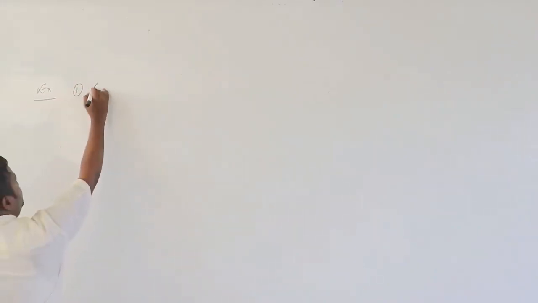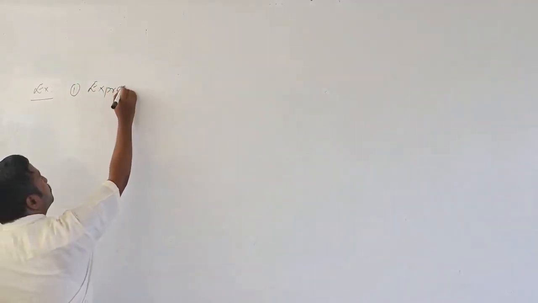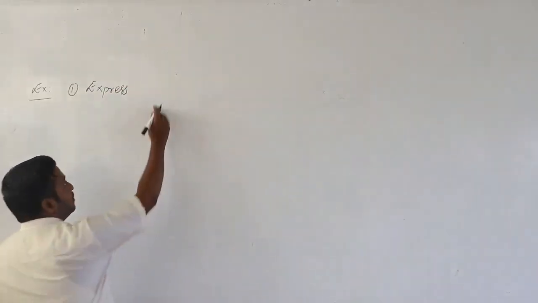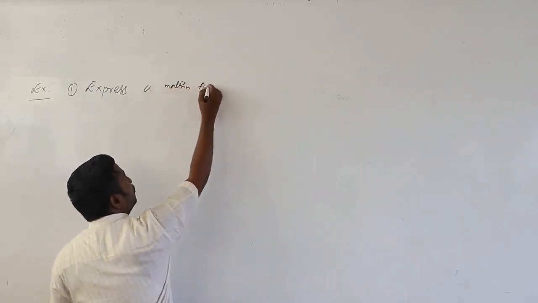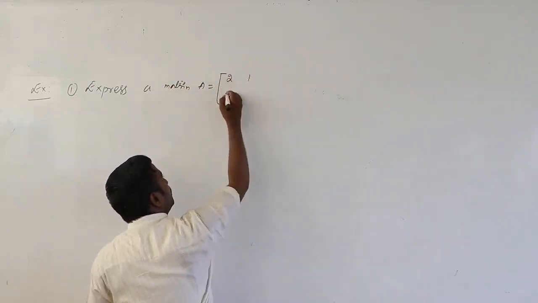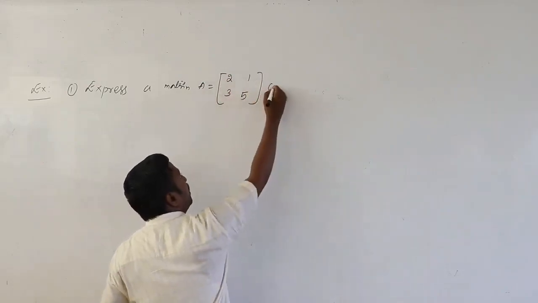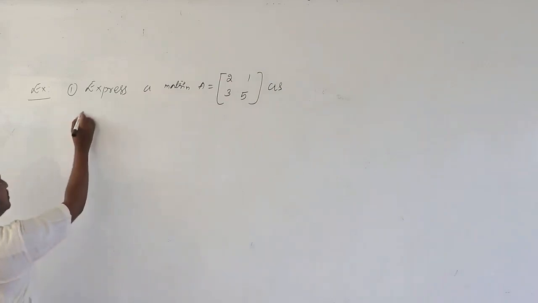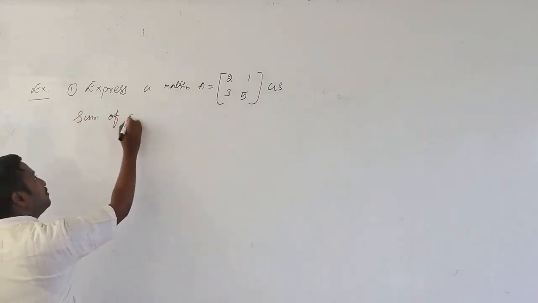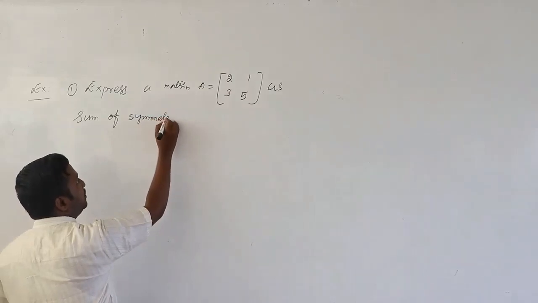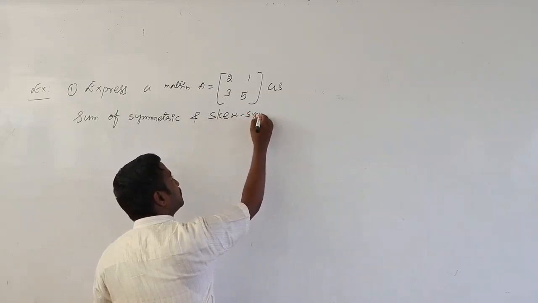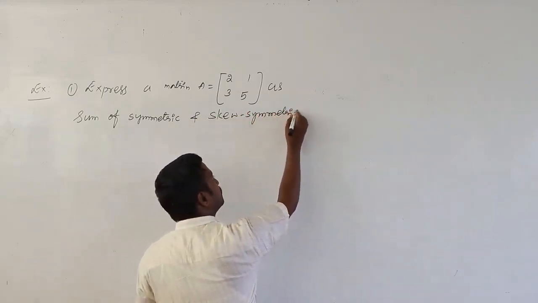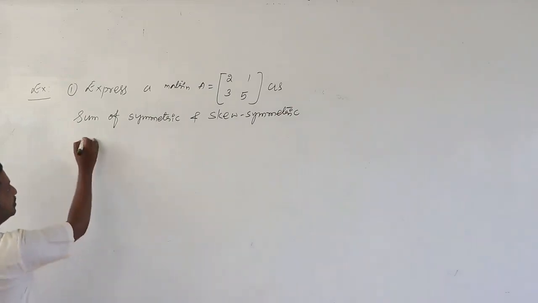Example: Express the matrix A equal to [2, 1; 3, 5] as a sum of a symmetric and a skew symmetric matrix.